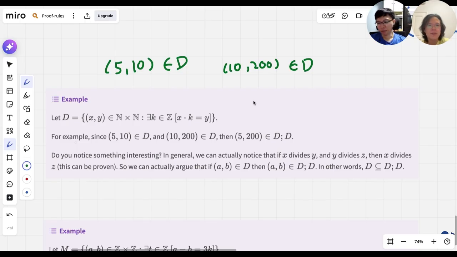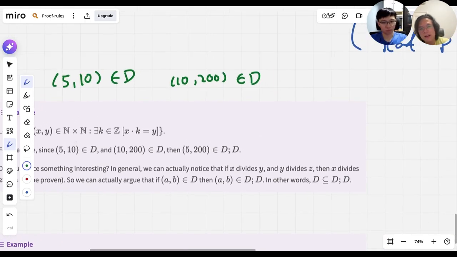Then, by definition, (5, 200) is in D semicolon D, because in some sense here 10 is the middleman.